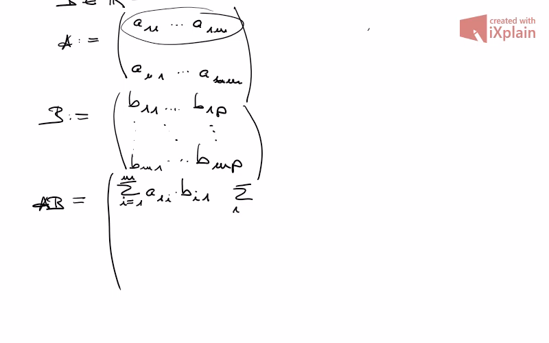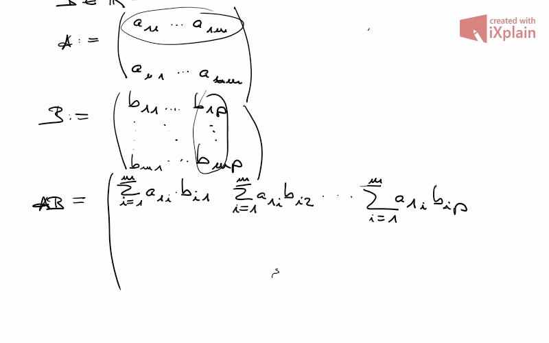For the next entry, at row 1 and column 2, you again sum over m, and again take the entries in the first row of A and multiply them with the entries in the second column of B, and you go on with that until you have done it for all columns of B. You are still taking the first row, and at one point you have applied the first row to the last column of B, and that's your last entry in the first row. So that's the first row of the matrix product.